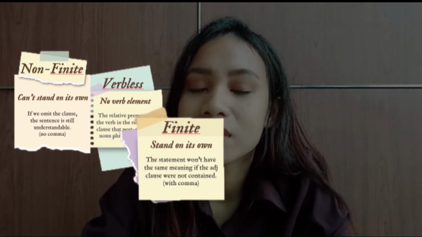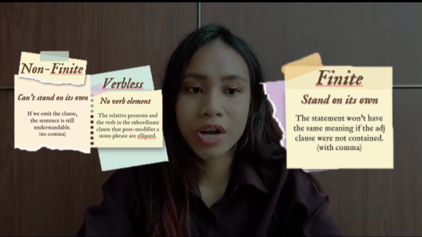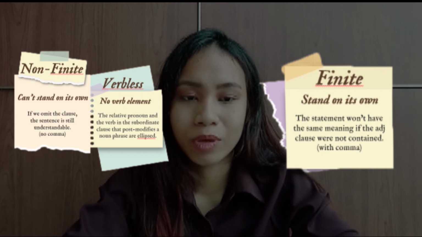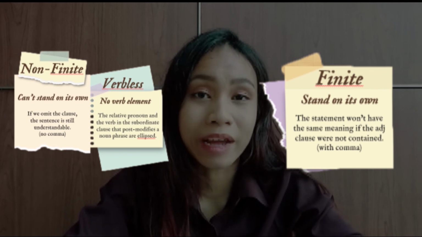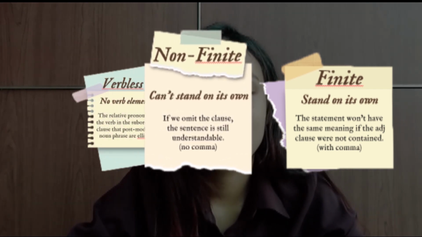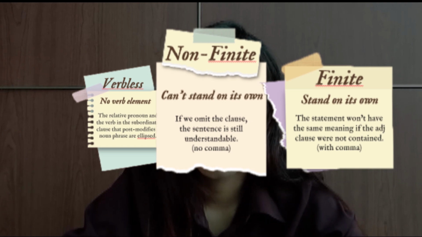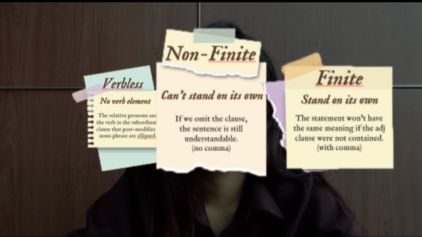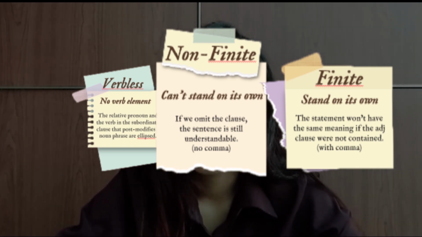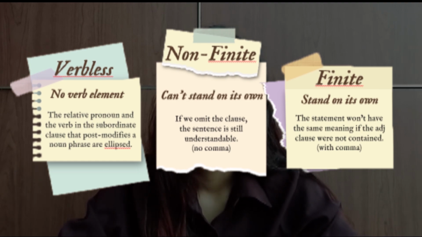For the finite, the statement won't have the same meaning if the adjective clause were not contained, or we can just use it with a comma. While for the non-finite, if we omit the clause, the sentence is still understandable, and usually there is no comma at all.